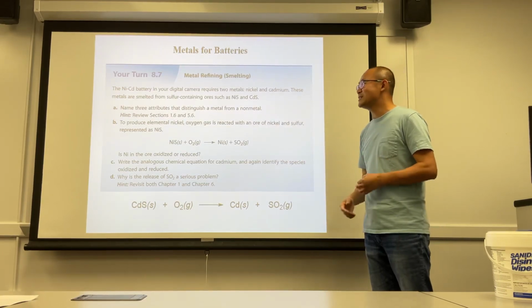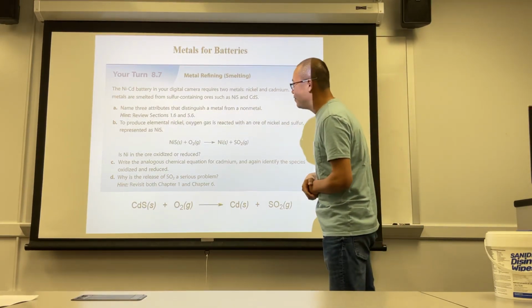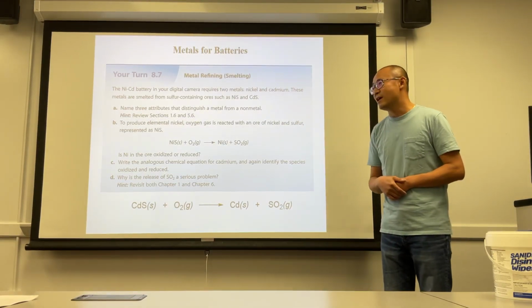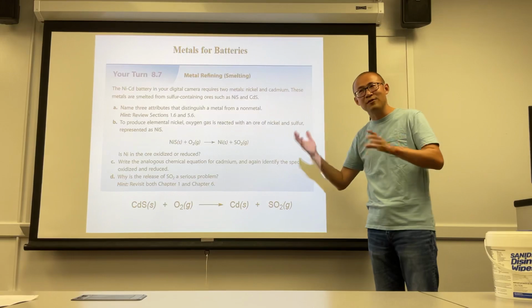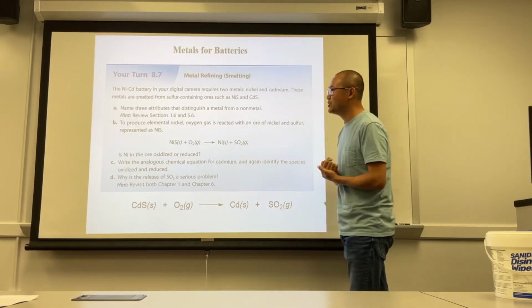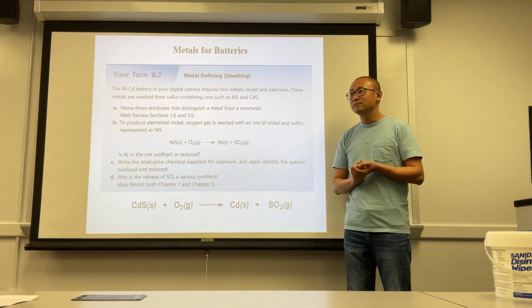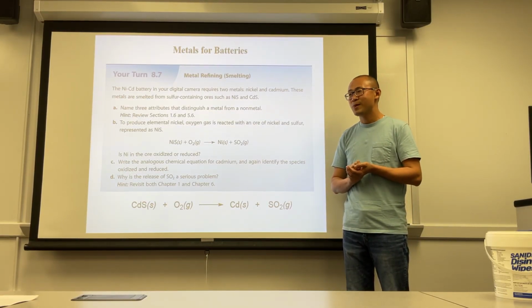So the first question is, name 3 attributes that distinguish a metal from a non-metal. Of course we're talking about metals here, but what are 3 attributes that distinguish a metal from a non-metal? Reactivity.